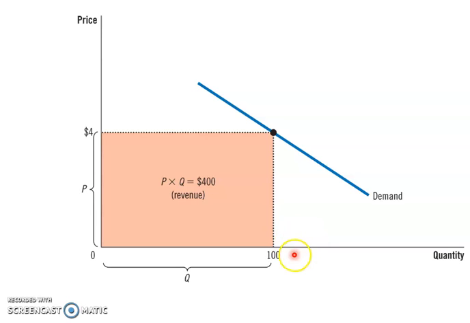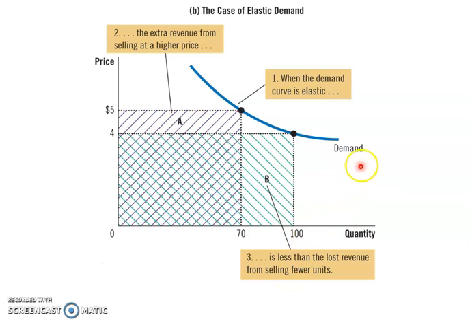Now once we understand this, we can talk about the pricing strategy. Let's take a look at elastic demand. As said in the previous video, when the demand is elastic, people are sensitive or responsive to the change in price, so we will have a relatively flat demand curve. That's what we're showing you here.